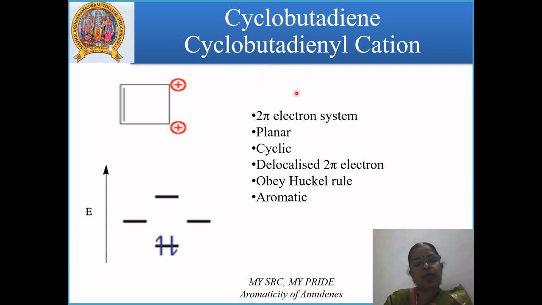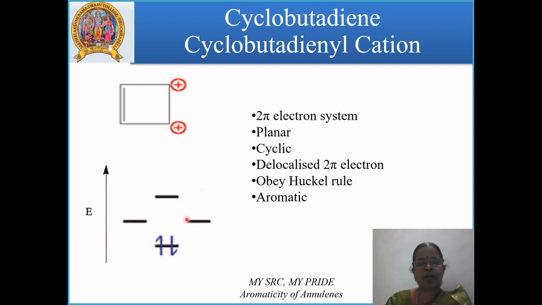Cyclobutadiene. Now we are going to see the cyclic system containing 4 carbons. Cyclobutadienyl dication, so 2 positive charges. All carbons are sp2 hybridized, 1 pi bond. The pi electrons are present in the lower energy bonding molecular orbital.